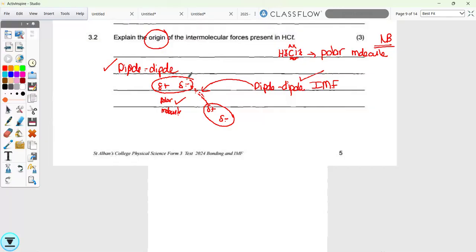The delta positive side of one molecule attracts the delta negative side of the other molecule, forming a dipole intermolecular force between them. Lots of words, where the diagram shows exactly what I'm trying to say. Guys, remember, the origin of all three is important. The third mark you get is for your diagram.